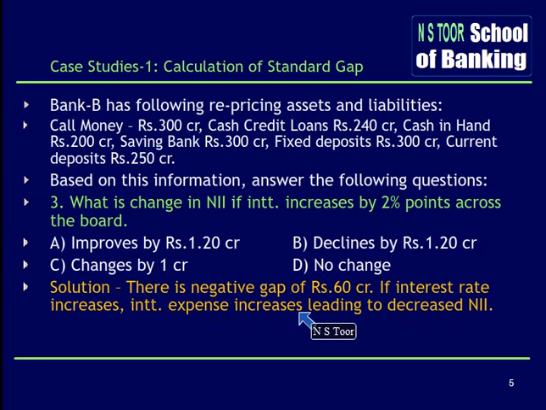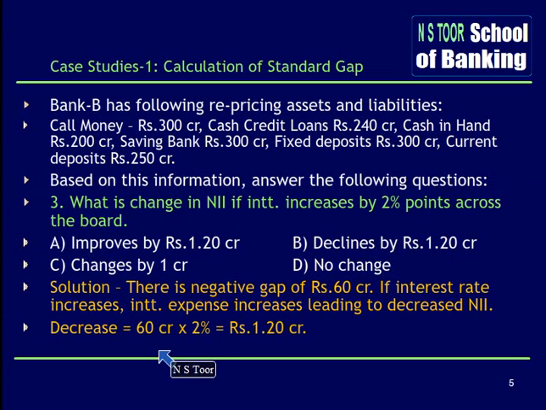So when interest paid increases more, this will reduce the net interest income. Now to what extent will it decrease? We can see. So decrease will be 2% of 60 crore. That is 1 crore 20 lakh. 1.20 crore. So our answer should be B.